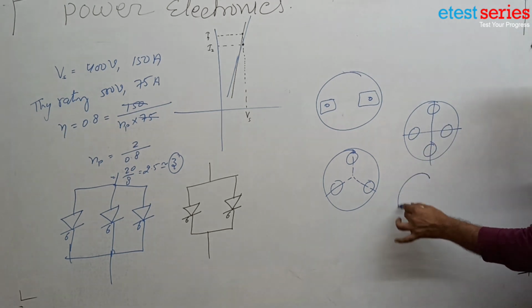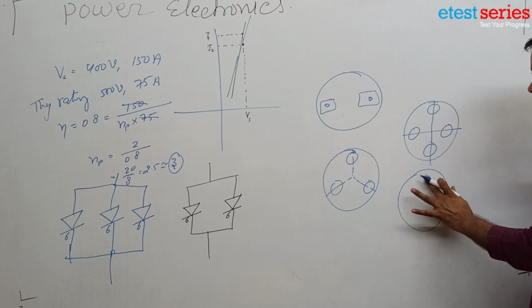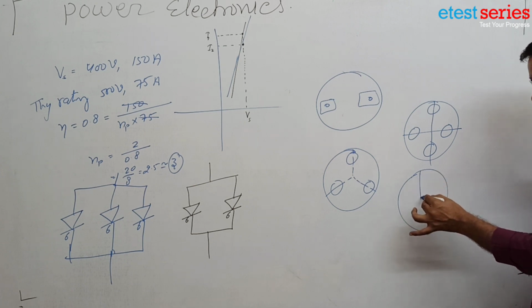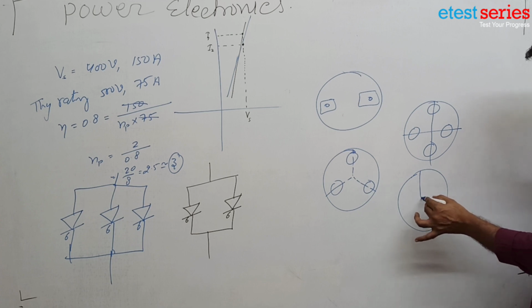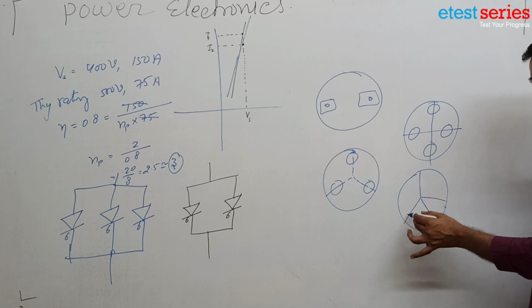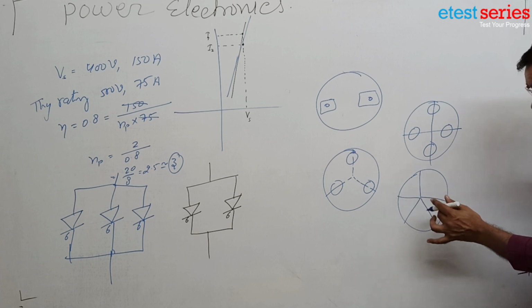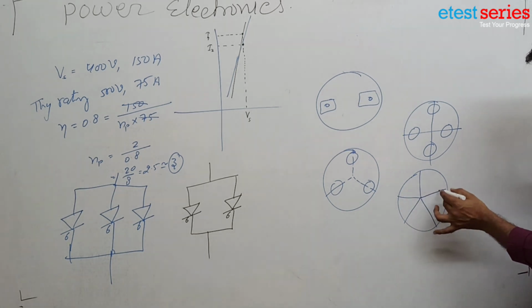And if there are 5, then they are mounted at an angle of 72 degrees. Not 120 degrees, 72 degrees. Equal spacing at least.